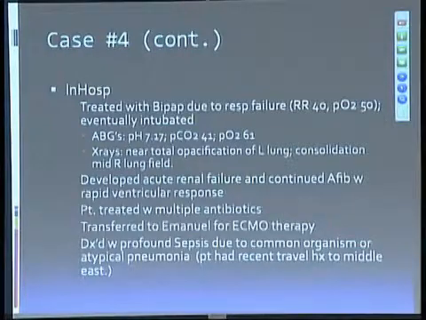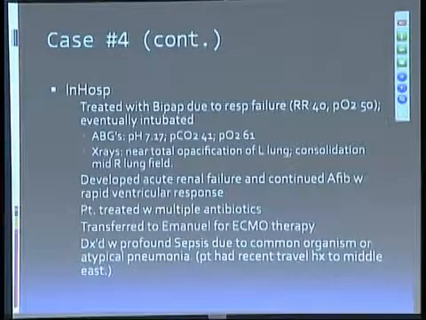He is still at Emmanuel on ECMO. And they're not 100% sure, they weren't at the time we wrote this up, whether this was a common or atypical pneumonia, where it was common pneumococcus with a variant, or if it was just an atypical pneumonia.